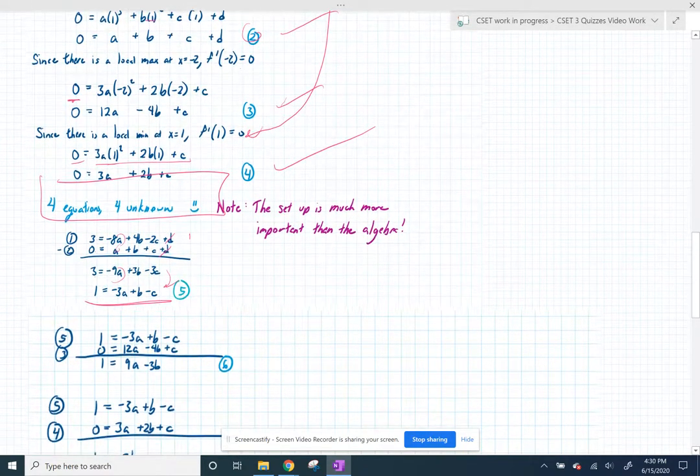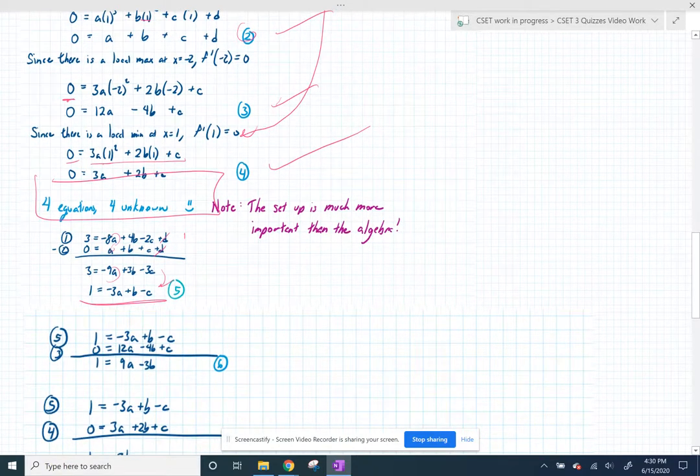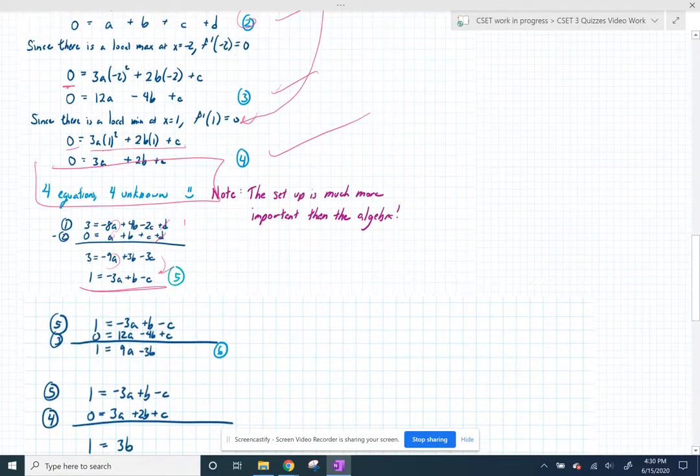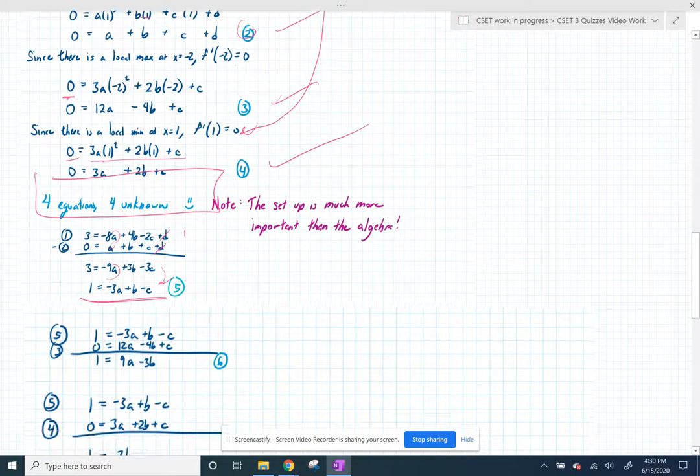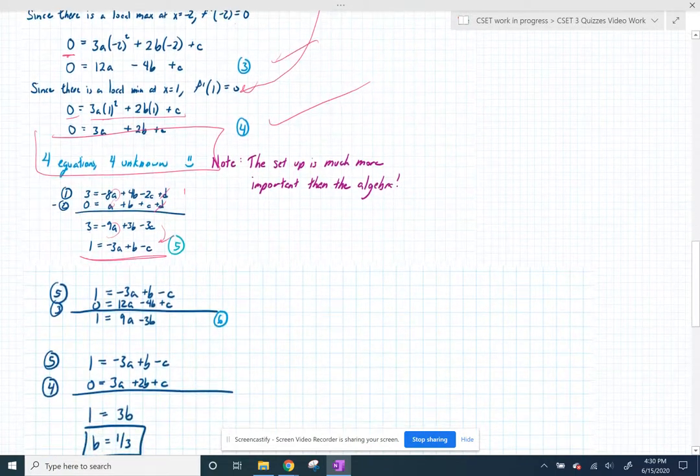So I use equations, let's see, 5 and 4. So equation 4 already doesn't have a d in it, and equation 3 doesn't either. So I combine equation 5 and equation 3, and I just add those, and I get that.